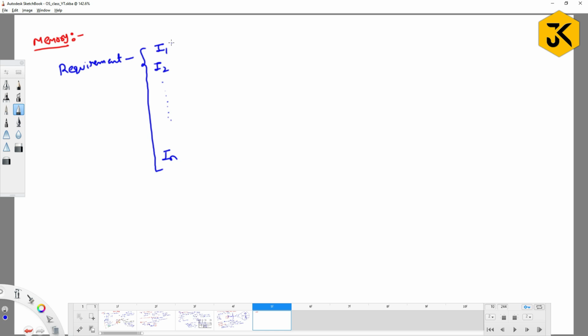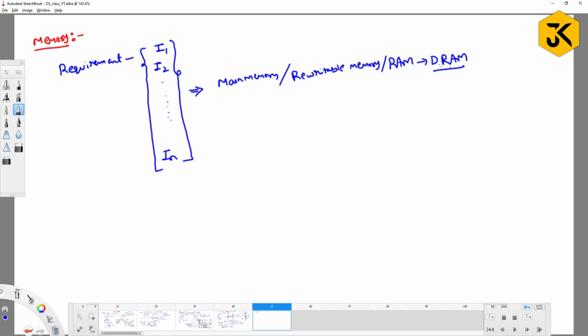If you want to execute this requirement, it has to reside in the main memory of the system, or I can call it a rewritable memory, right? If something wants to execute in the system, it has to be available in the RAM, random access memory. Specifically, that will be DRAM. DRAM is the location where all your instructions are going to be executed.